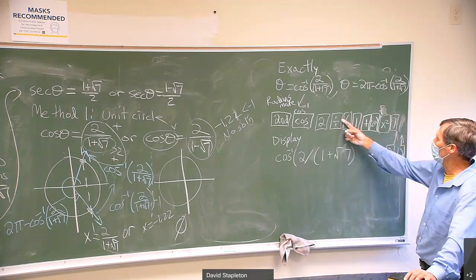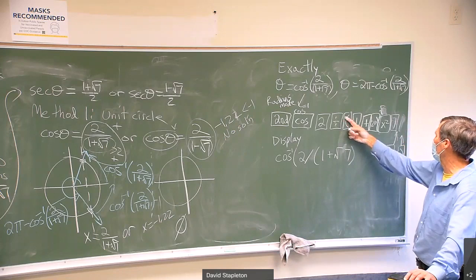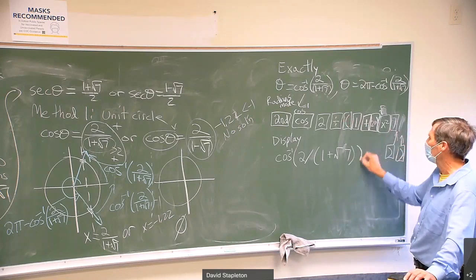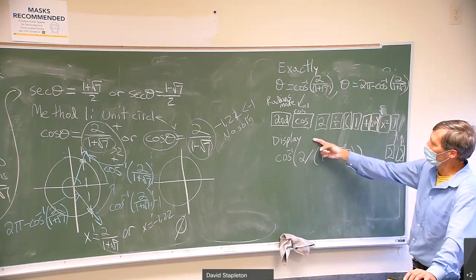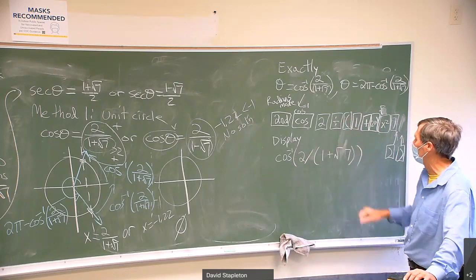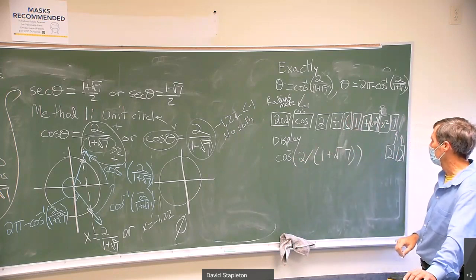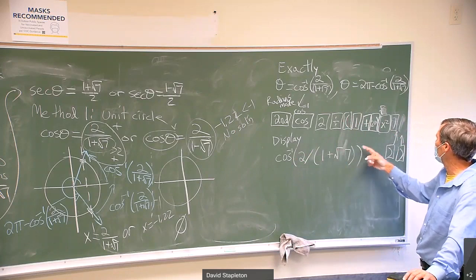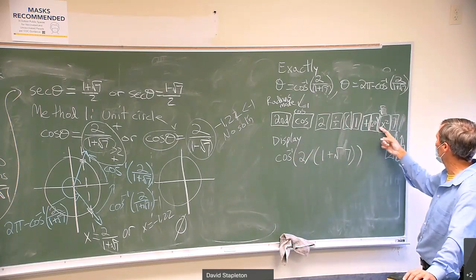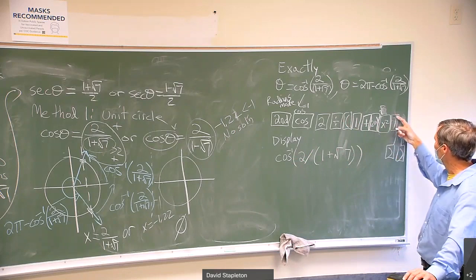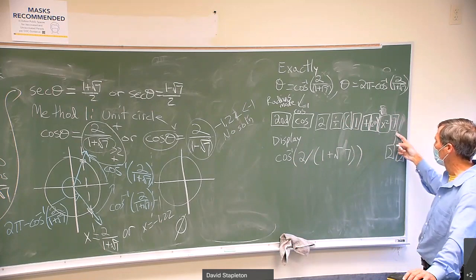If you accidentally put one parenthesis too few, this will catch it, because sometimes you catch an error. The thing to do is look at the display. It should say arc cosine 2 divided by parentheses 1 plus square root 7. Actually, we need to close the parentheses on the square root. Close the parentheses around the 7.